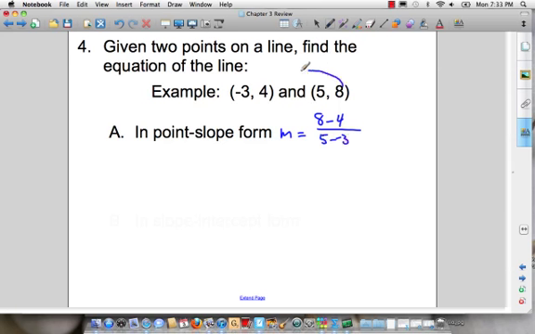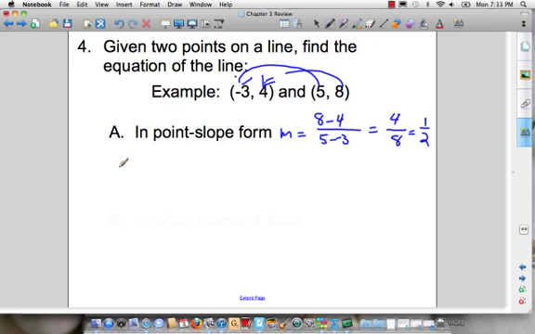So that's 8 minus 4, and I need to make sure to go in the same order, so 5 minus negative 3. And then doing the arithmetic, 8 minus 4 is 4, 5 minus negative 3 is 8, and that simplifies to 1/2, or 0.5.